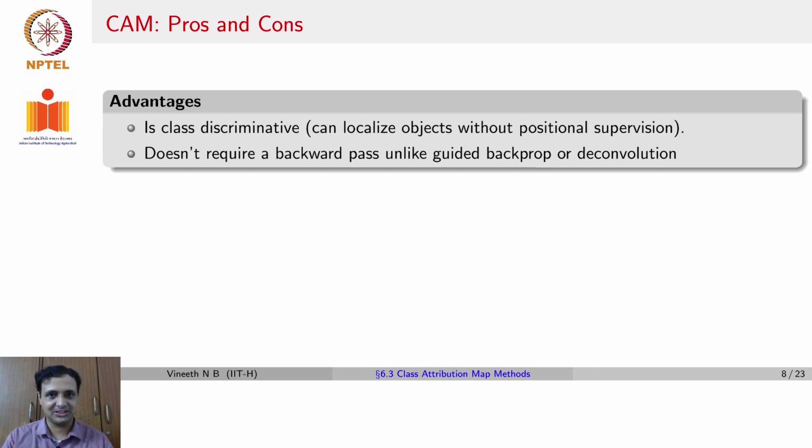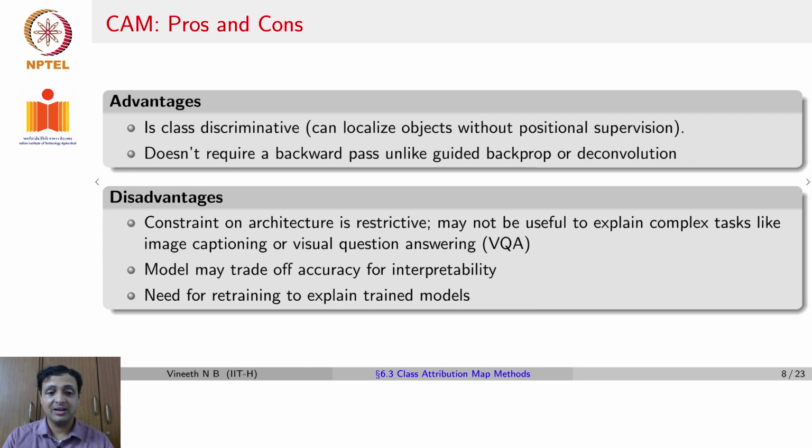What are the disadvantages? The key one is actually the third bullet here, which is there is a need to retrain these models to be able to get those weights that we get after global average pooling.